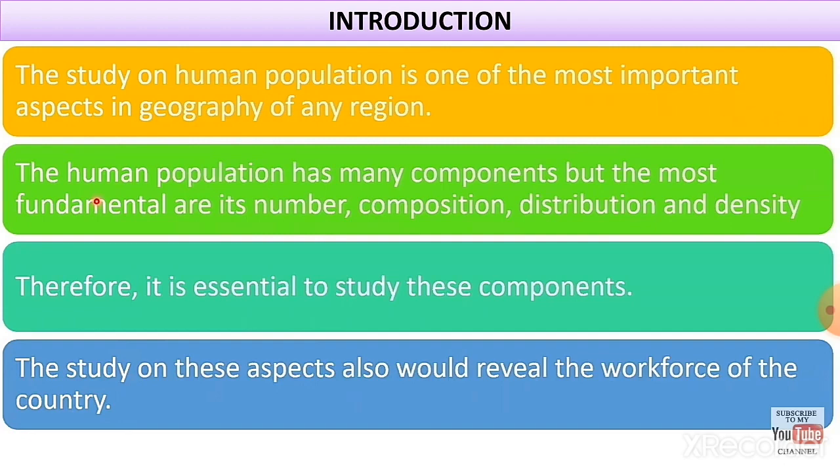Composition includes age, literacy, and so on. And then distribution: how much people are distributed in certain areas, which means the people will vary among the states. And then density. Therefore, it is essential to study these components. The study on these aspects also would reveal the workforce of the country.